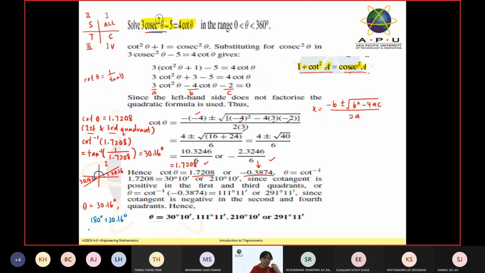So theta is 30.16 and 210.16 degree. This comes from cotangent theta equals 1.7208.